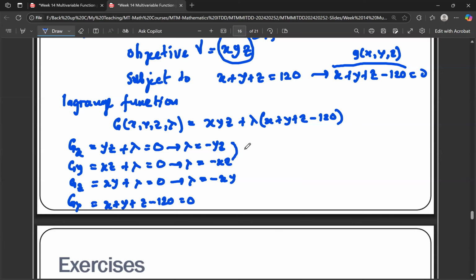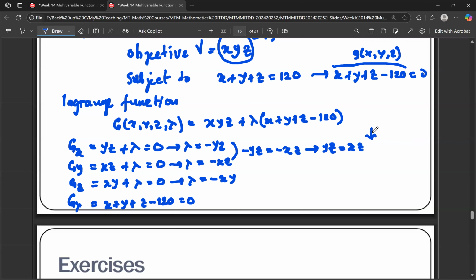For example, here we have minus yz equal to minus xz, so yz equals xz.